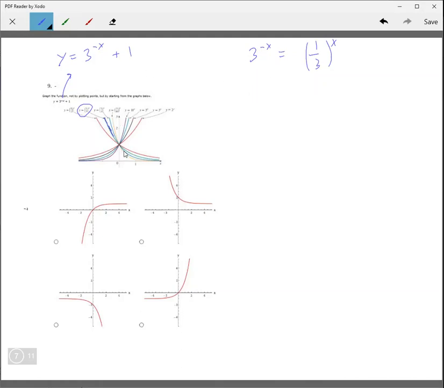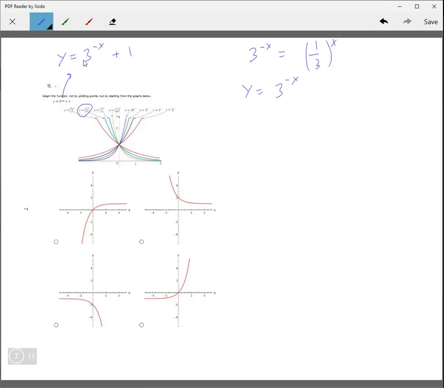Is it green or is it blue? Maybe it's the blue. That's weird. No, that's green. Okay, that's the green one, and it goes down, and it goes right here. So this graph is y equals 3 to the negative x.